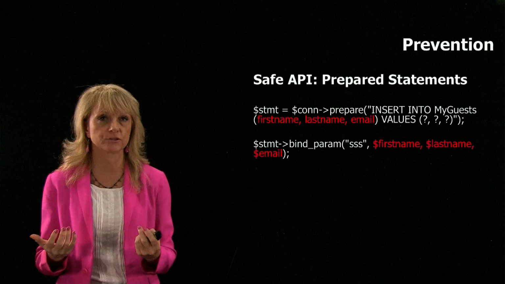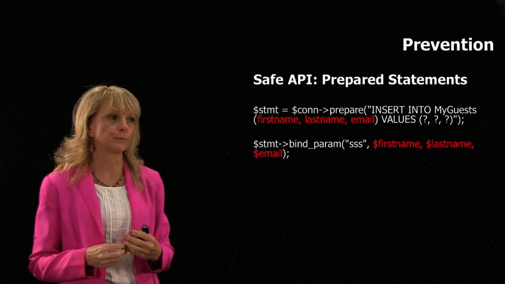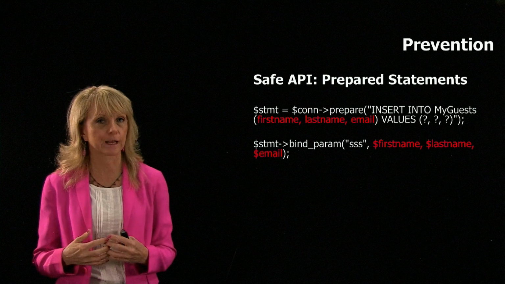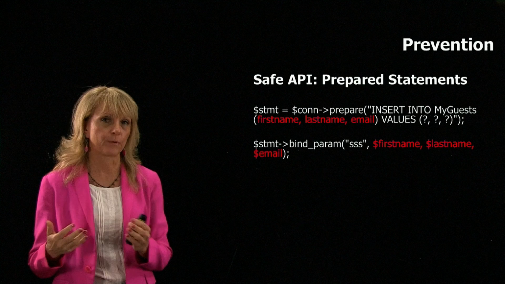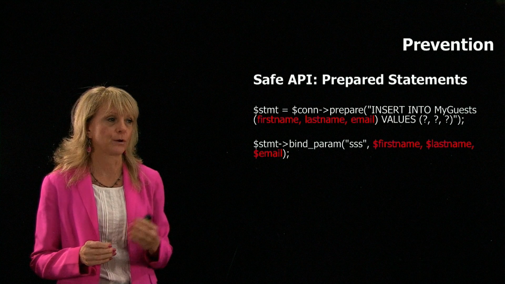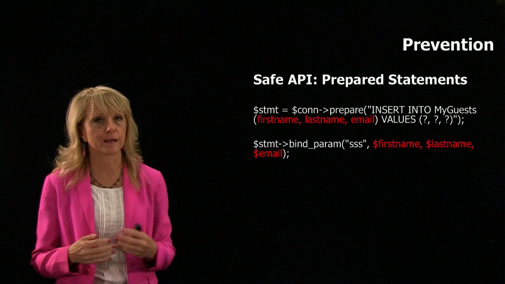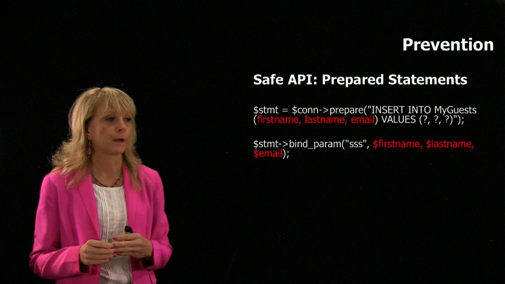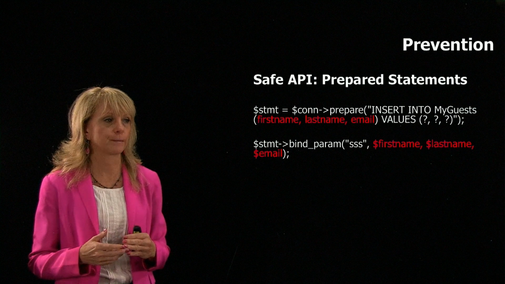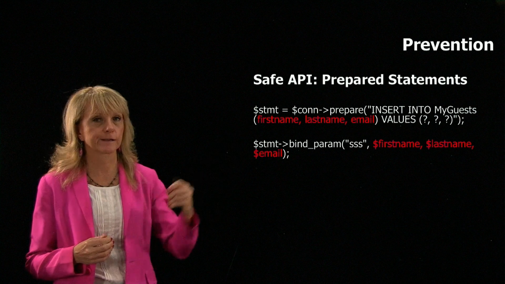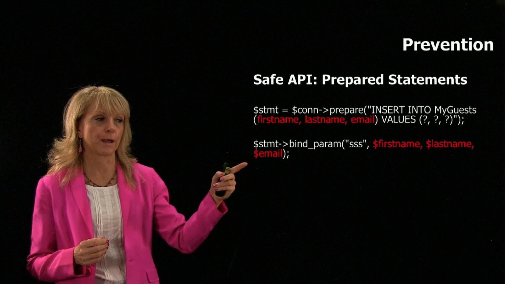How do we prevent injection? One way that many people use is what's called prepared statements, which is an alternative query mechanism to just a plain SQL query. Here is an example of a prepared statement that first is being set up. You can see that there are some parameters in that query: the first name, last name, and email address. What you're doing is then binding these parameters.